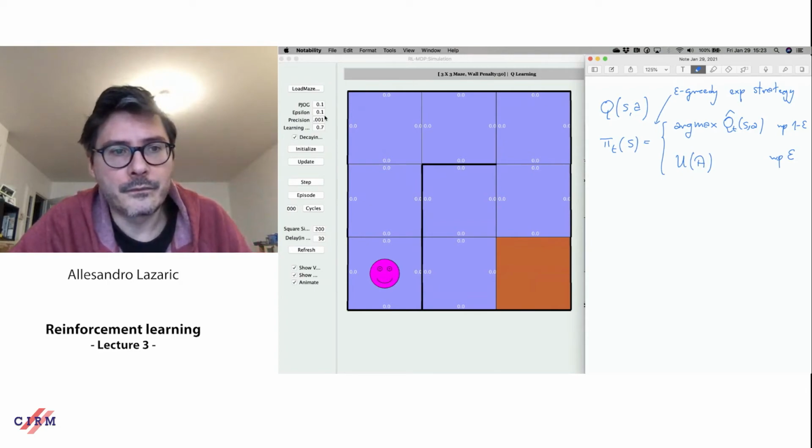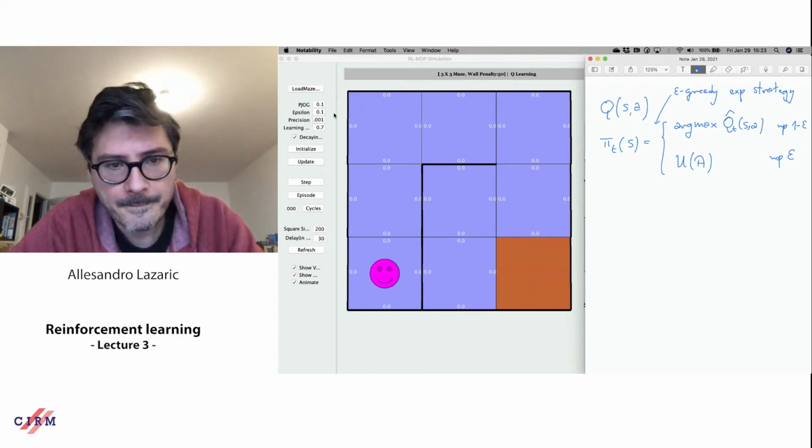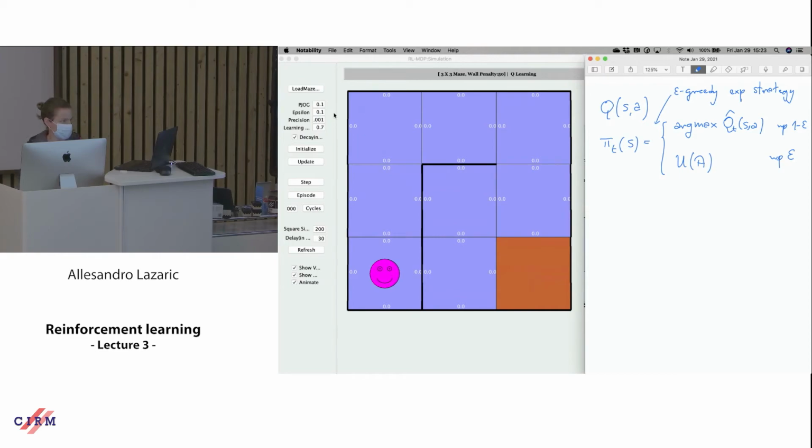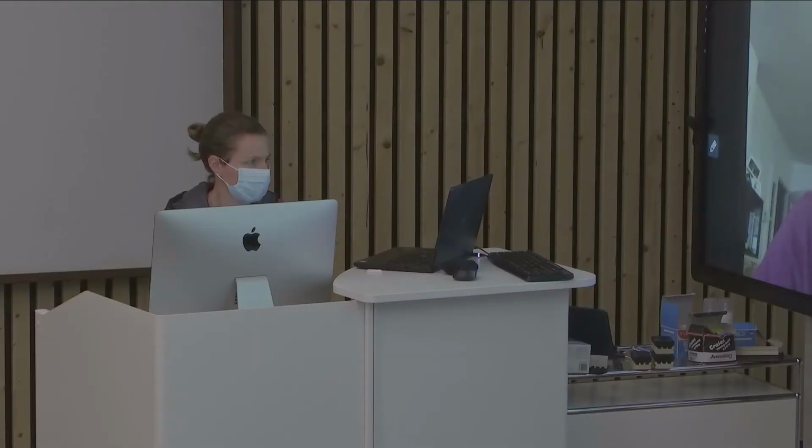Alessandro? Yes? Yes, you have some question in the chat about what you have said for the penalty, for the wall and so on. Yes. So if we take one step and we don't bump into a wall, there is still a penalty of 1. And this is done so as to incentivize the agent to reach the goal as fast as possible.